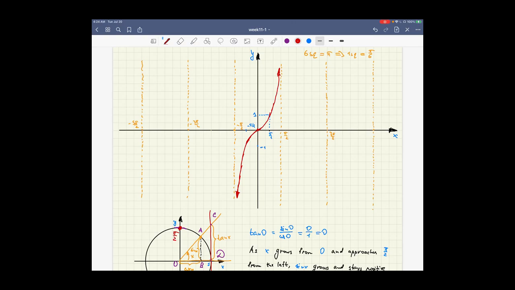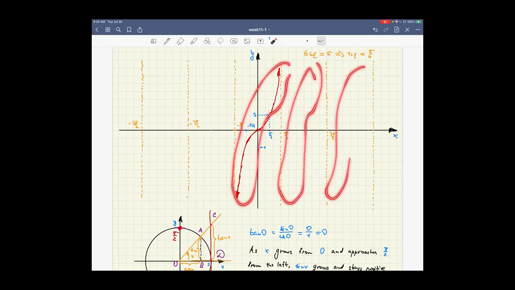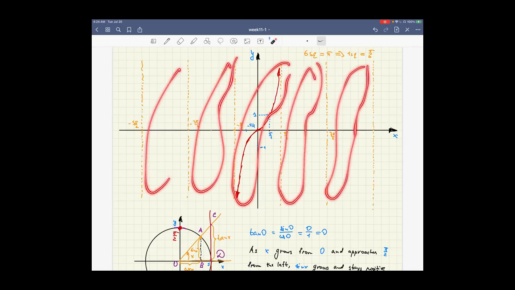And then I simply extend it by periodicity. I literally copy and paste that curve into each of these lanes. There will be infinitely many branches.